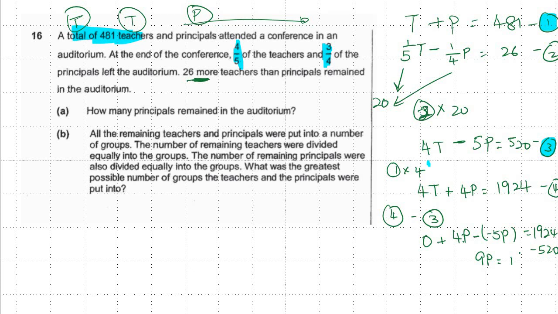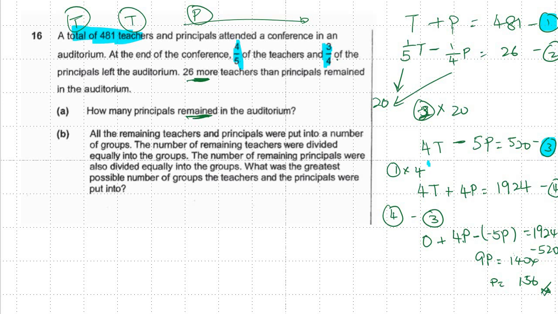Then here we'll have 1924 minus, where's my calculator? 1924 minus 520 will be 1404. So principal will be 156. So this is the total number of principals, but it's asking you how many principals remain.